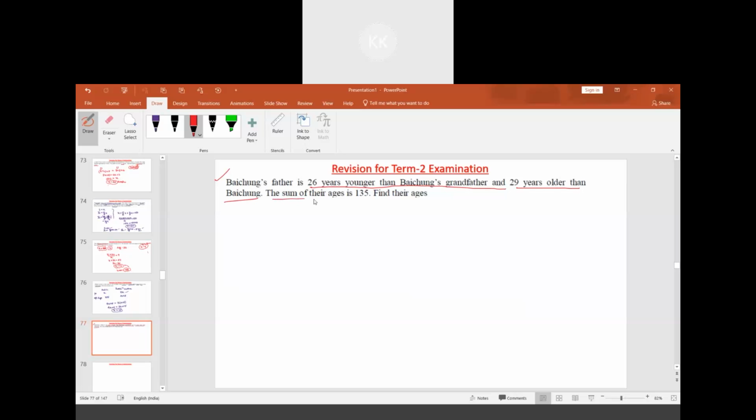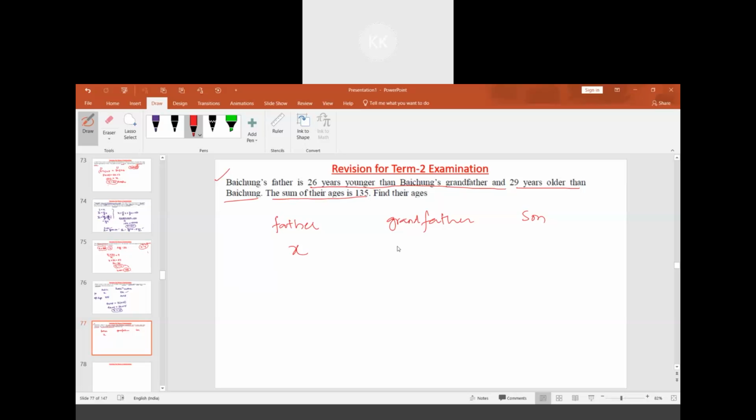The sum of their ages is 135. Here there are three people: grandfather, father and son. If you take father as x, grandfather's age will be x plus 26.